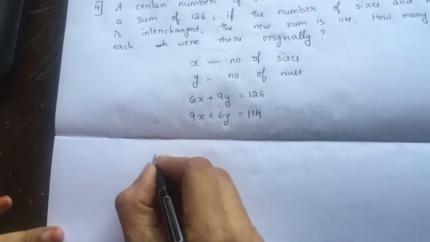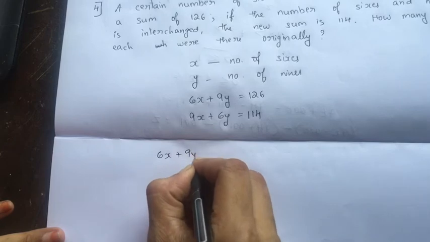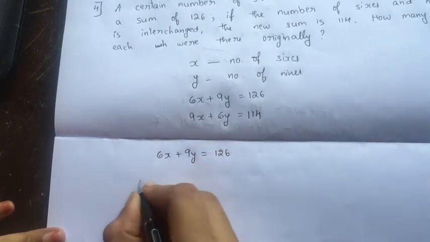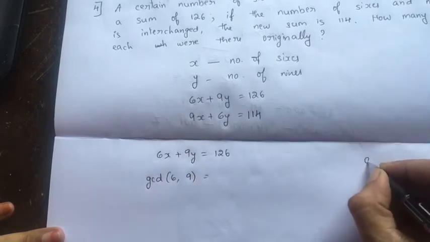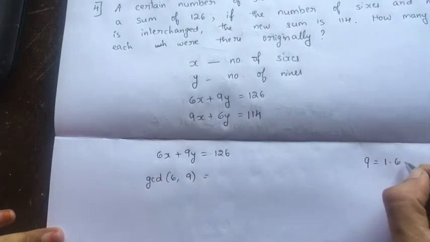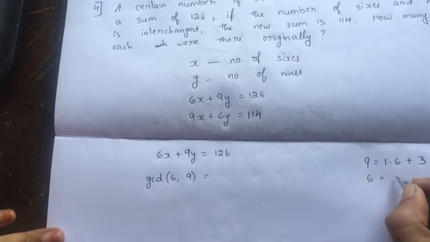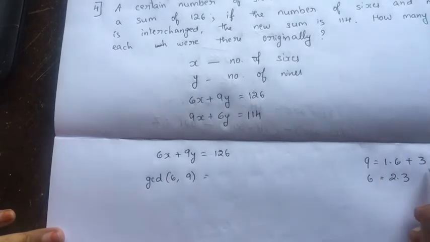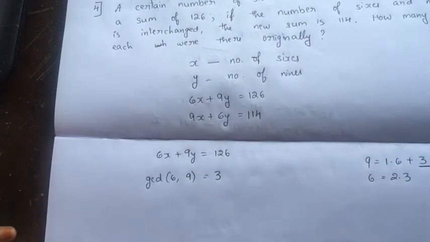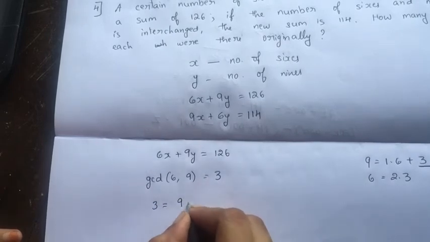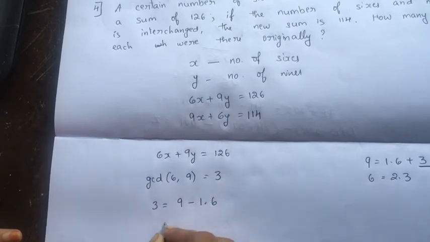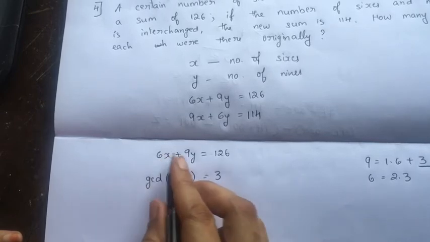So the first equation is 6x plus 9y equal to 126. I have to find the GCD of 6 and 9. I use the Euclidean algorithm to find the GCD. So the GCD is 3. Since 3 divides 126, there is a solution, and thus d can be written as 9 minus 1 into 6, the same as writing 6x plus 9y.